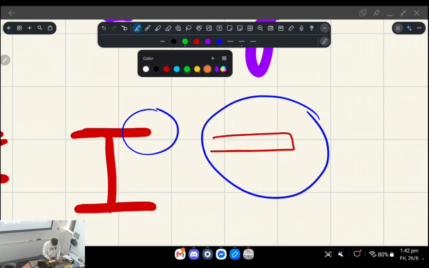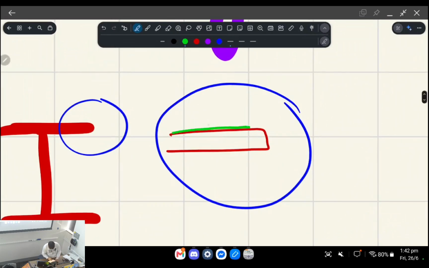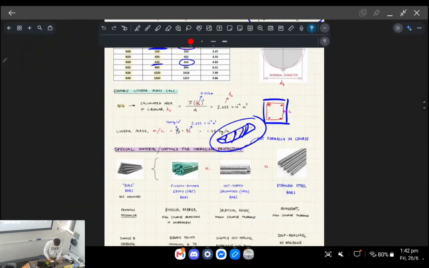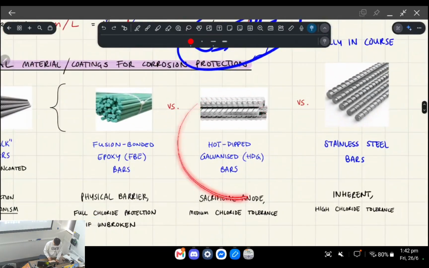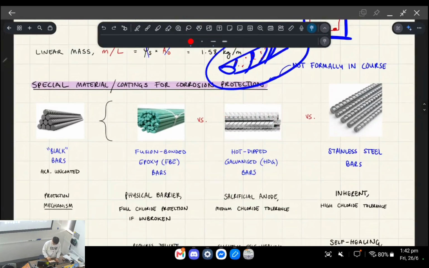Let's do green because it's fusion bonded epoxy. If you grit blast and then stick on epoxy, around corners you get a thinner, more beveled edge, so it doesn't stick as well to corners. That's one problem with it. Anyway, why am I talking about this? Hot dipped galvanized bars are very common if we want additional corrosion protection.